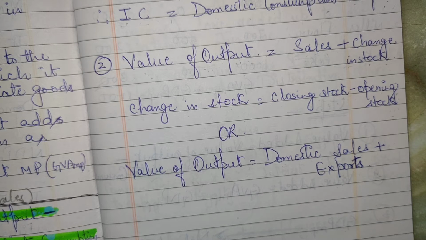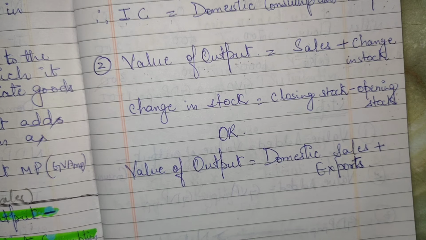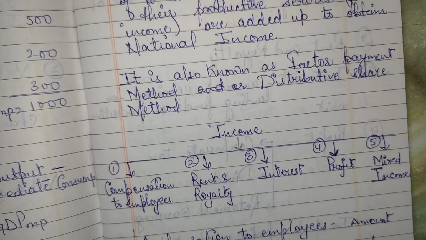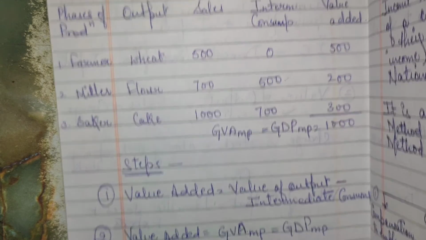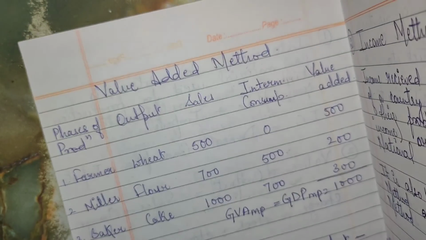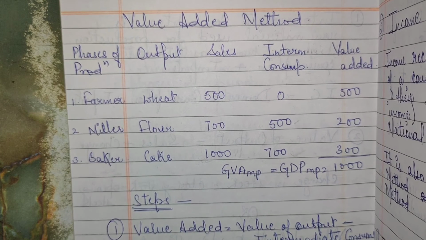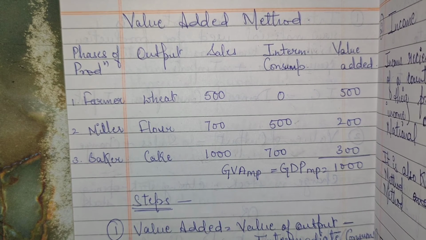Fine. Let's see one question based on the value added method. Then you will be able to understand this method more clearly. Let's see this value added method. So as we have already discussed, that value added method is the phases of production, different phases of production.